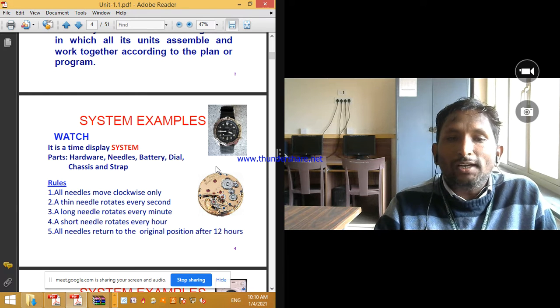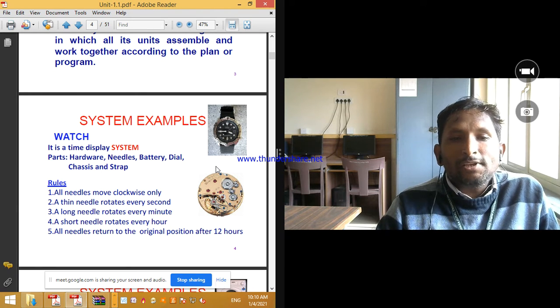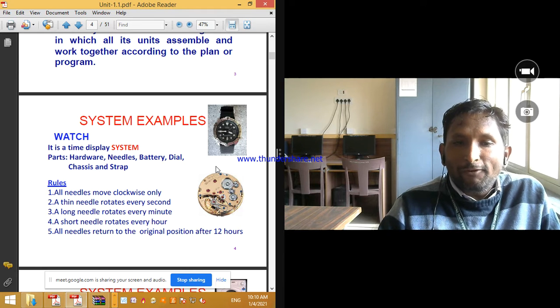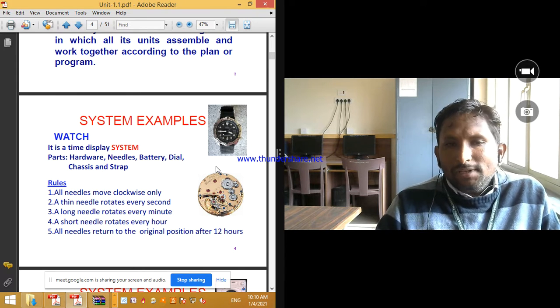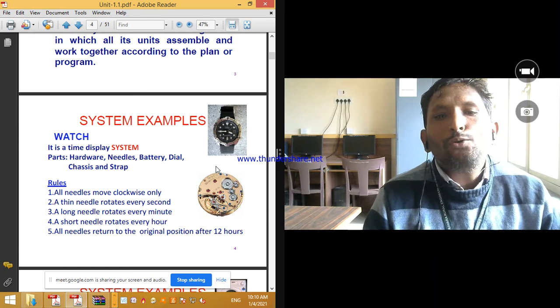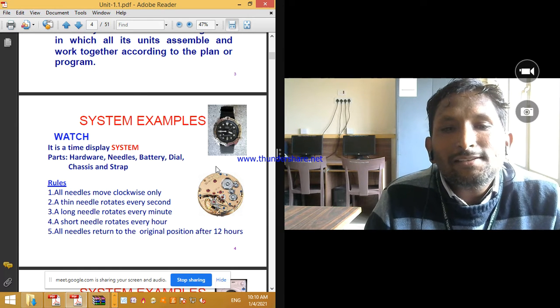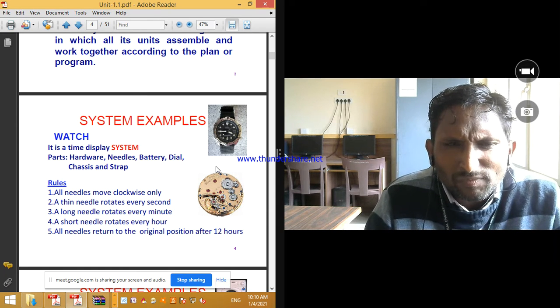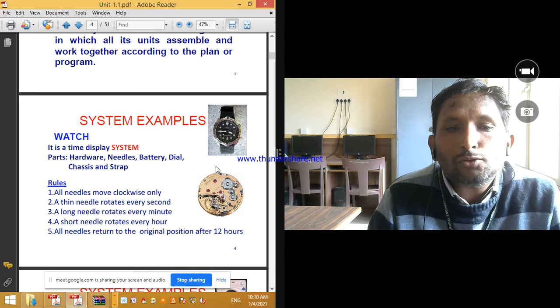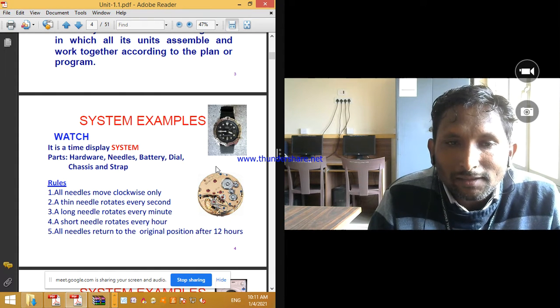System example: watch. There is a time display system, with parts: hardware, needles, battery, dial, chassis and strap. This example is telling that if you want to create a watch system, then we have to focus on its hardware parts, right?